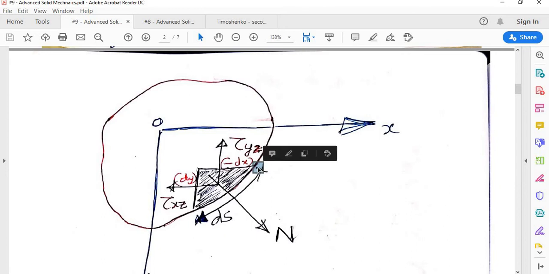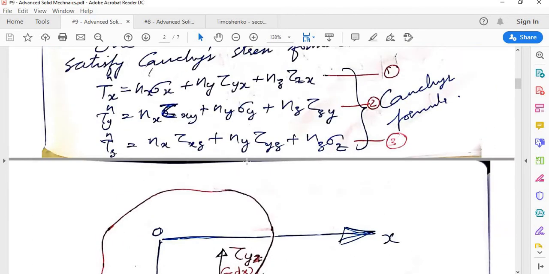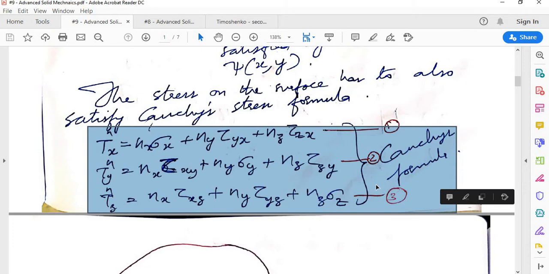So this is the initial point, this is the final point. As a result of that, it traverses an x distance of minus dx, because along the x coordinate it is reducing the coordinate, and along y it is dy. So this is the surface for which we are trying to apply Cauchy's formula.